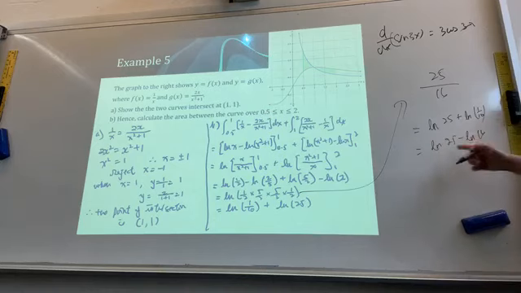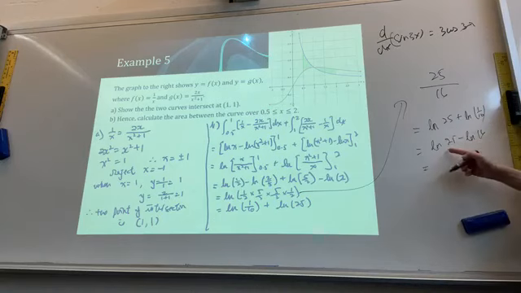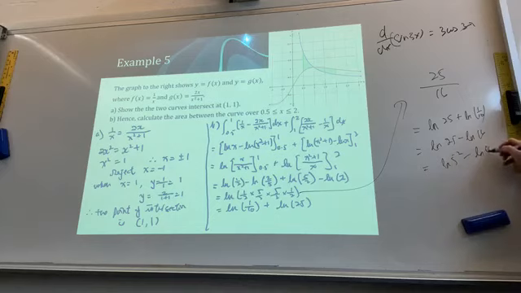Either way is fine. Once you've got that, you can see that this is log of 5 squared, take away log of 4 squared, which means it's 2 log of 5 take away 2 log of 4.